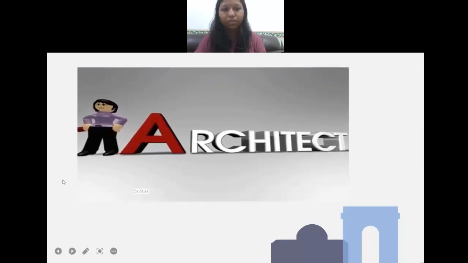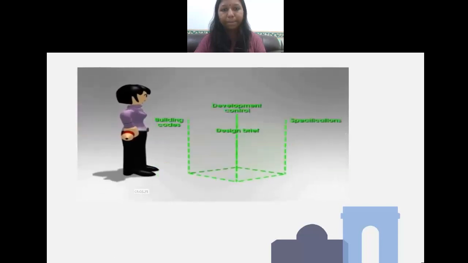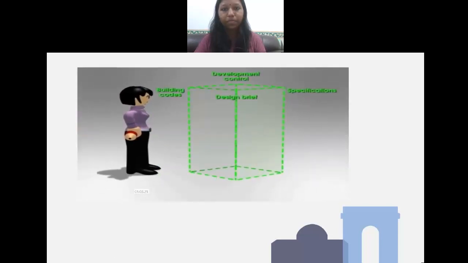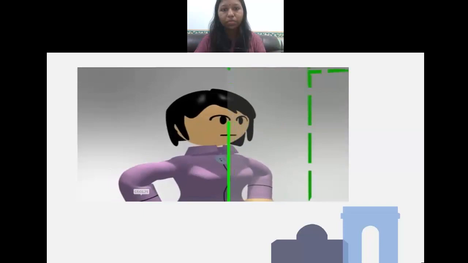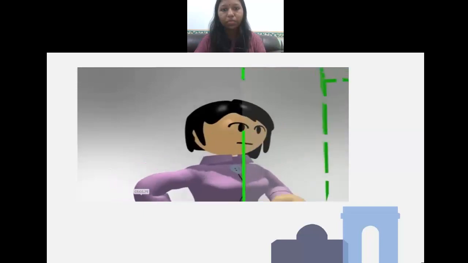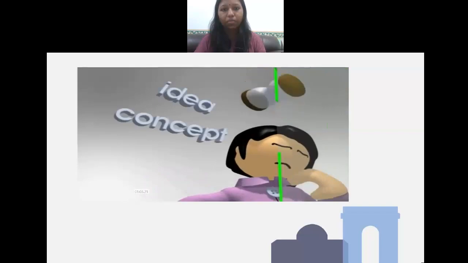The architect is the grand designer who creates the form or body of the building. A building usually begins with an idea or a concept in the architect's mind, but the architect doesn't just design. She is the one who transforms the specifications from the developer into a working blueprint.